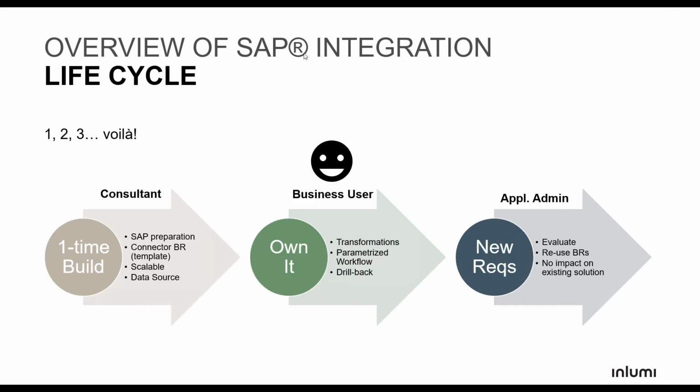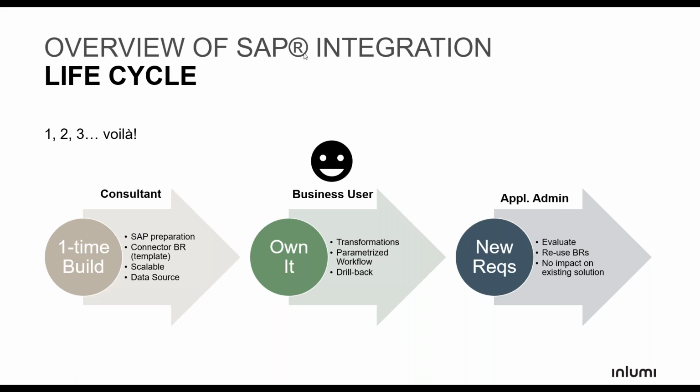Okay, so we've been talking about one-time build, and this is very important because if you see the life cycle for an SAP integration, or this can be applied to any other integration, if we define the process in 3 steps, the one-time build step is where we perform the implementation of our integration solution.